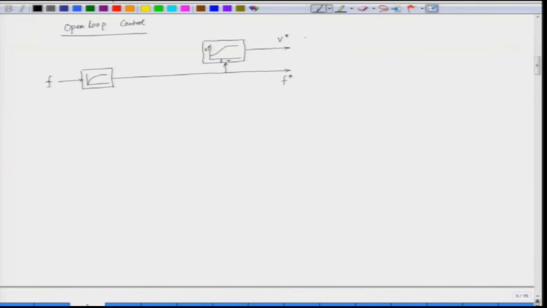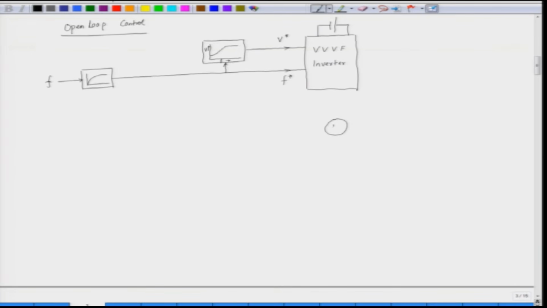And this reference voltage and reference frequency is fed to a variable voltage and variable frequency inverter. So, we feed this to a variable voltage, variable frequency inverter. So, we have the DC input here, we have input DC voltage, and the inverter converts this DC voltage into an AC voltage.